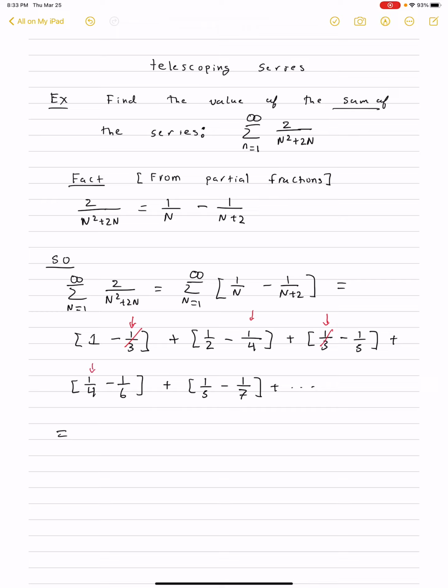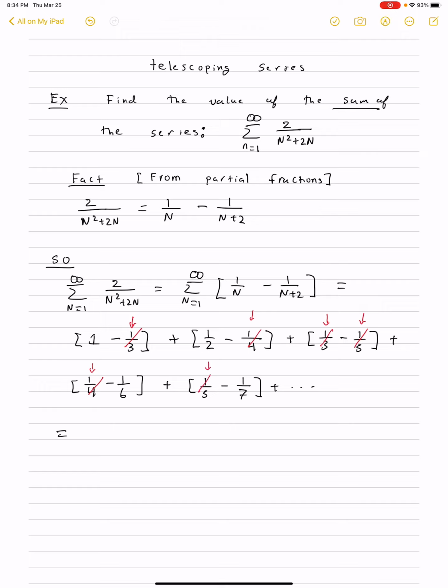They have the same value but opposite signs. I get to cancel them. I have a 1/5 that appears here and a 1/5 that appears here.